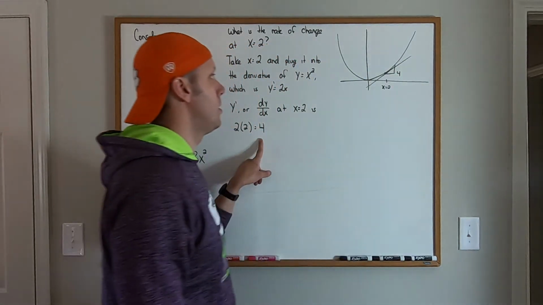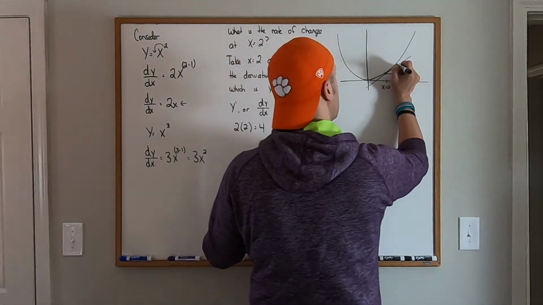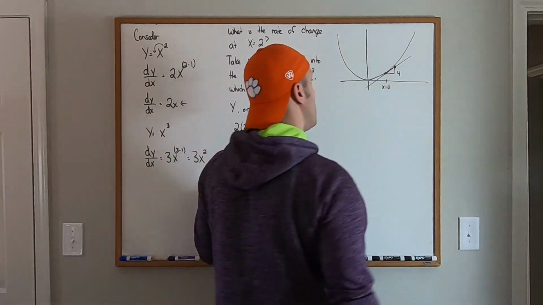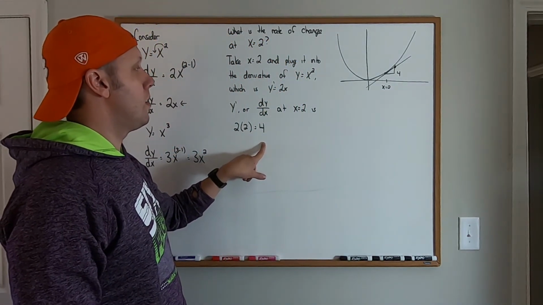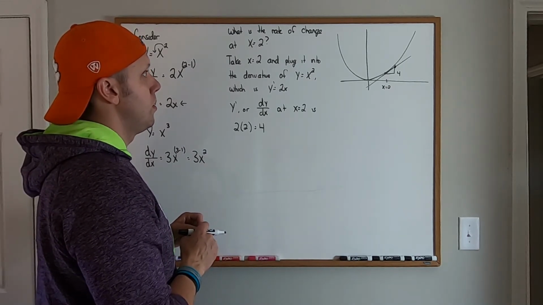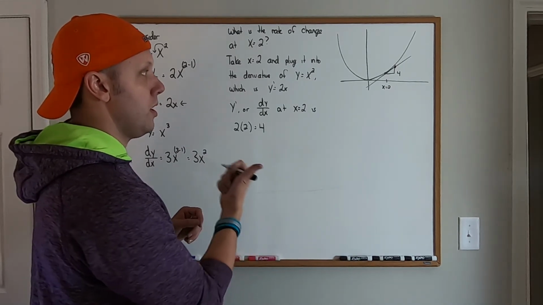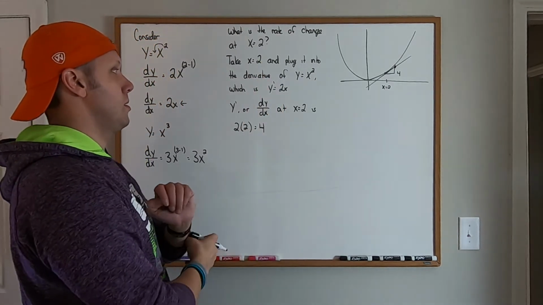The slope is 4. So for every 1 unit that I go forward, or 1 unit to the right, I'm going to go up 4 units.